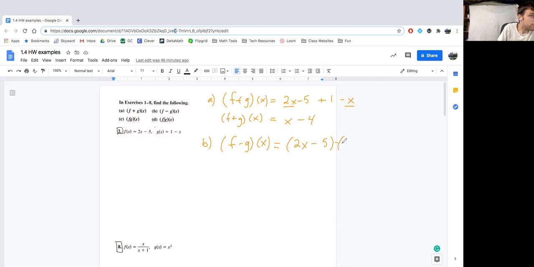So we're subtracting 1 minus x. We want to make sure we distribute the subtraction to the whole thing. So we end up with 2x minus 5 minus 1 plus x. And then combining our like terms, our subtraction function will be 2x plus x minus 5 minus 1.